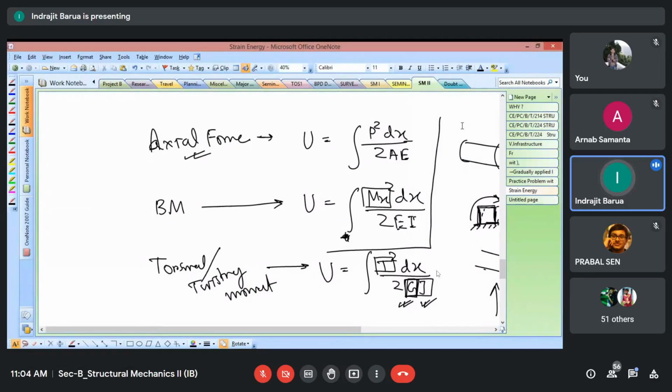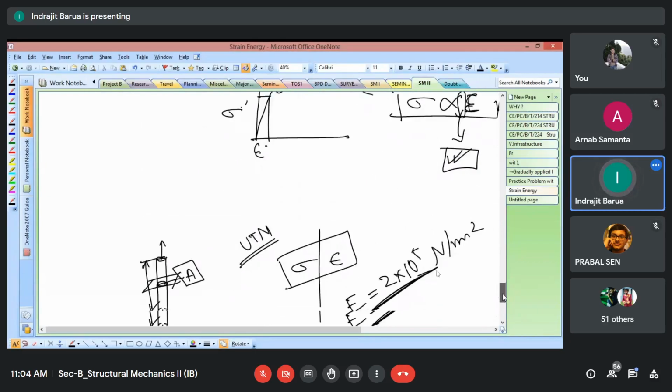If the cross section is changing, you will get a different area. If the moment is changing, you will get a different M. That's why the whole equation is within the integration sign. If something is constant for your case, when you are practicing some problem, just take the constant part outside and handle it accordingly.